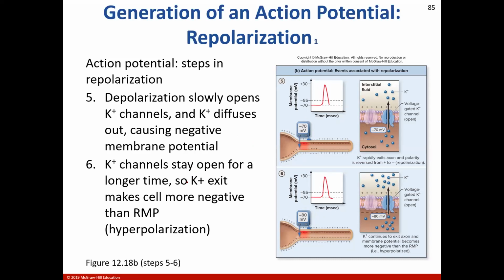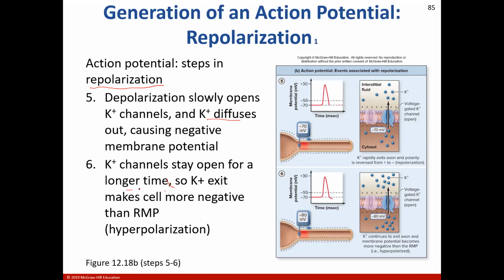But now it could be any neurotransmitter. It doesn't have to just be acetylcholine, because we're talking about the nervous system now. So again, talking about depolarization. Channels for potassium diffusing out. We'll start now repolarization. These are the steps in repolarization.